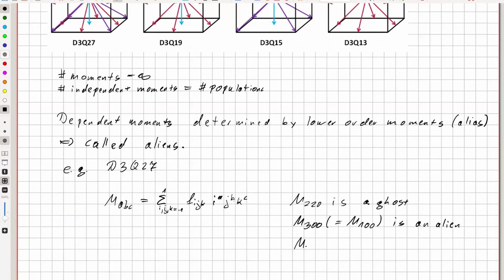And this M320 equals, okay, let's make it this one. M420 is M220. This is a ghost and an alien, both together.